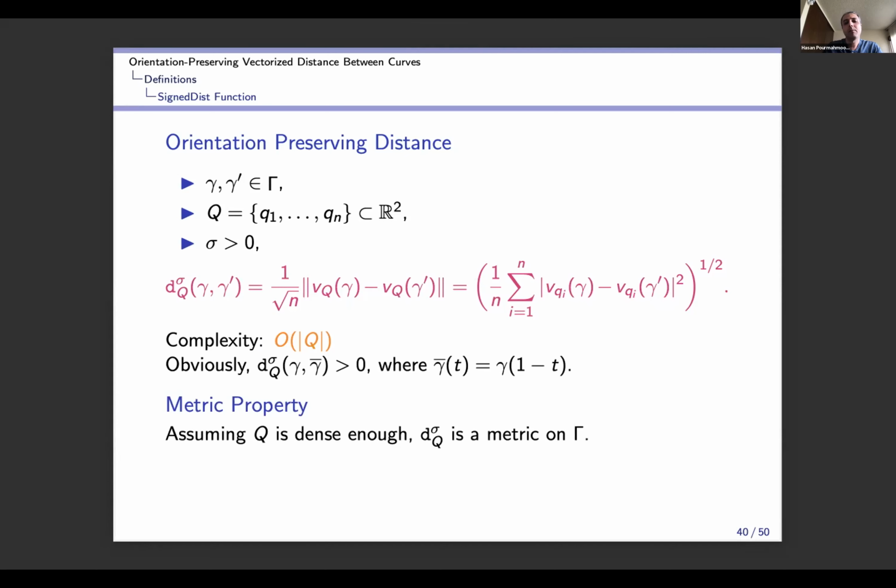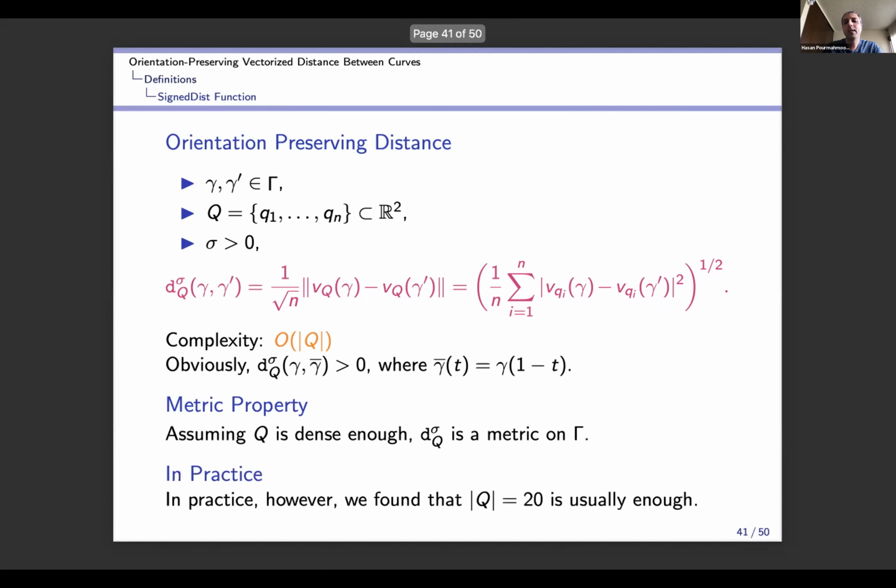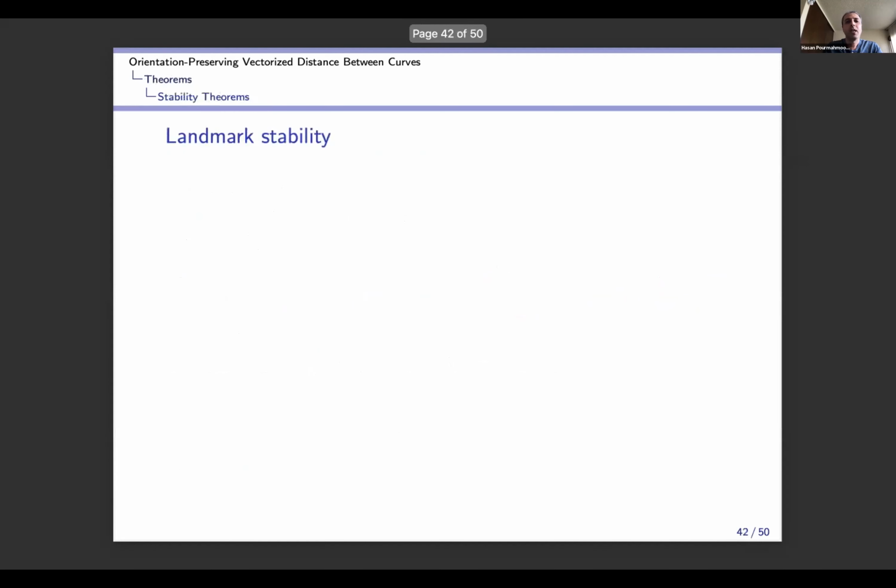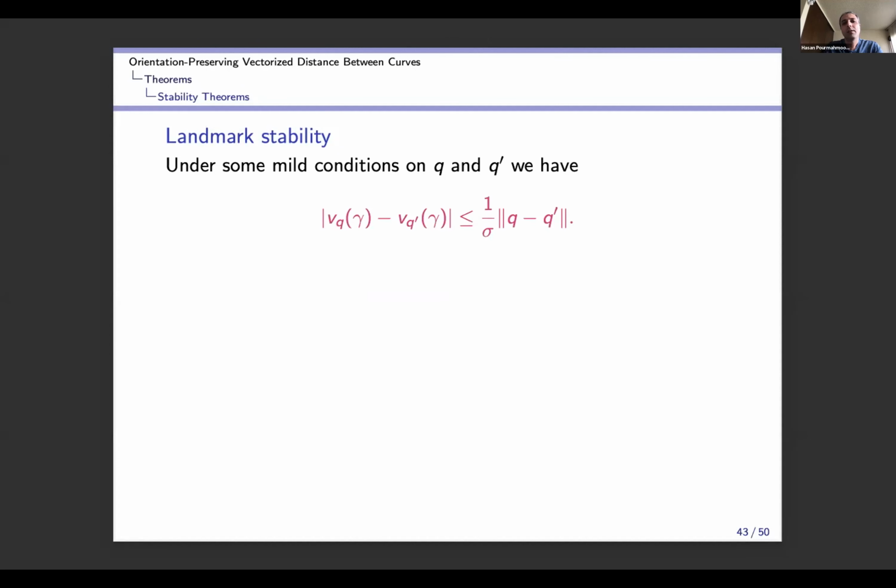And for being a metric, we need to have Q be dense enough. But in practice, we've observed that 20 landmarks are enough to do data analysis tasks for trajectories. We have some theorems, the first of which is landmark stability, which says that under some mild conditions on two landmarks Q and Q prime, we have the following inequality.